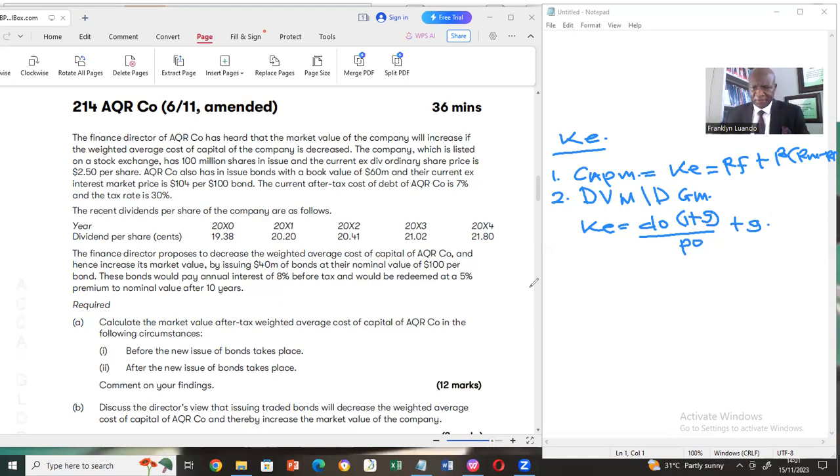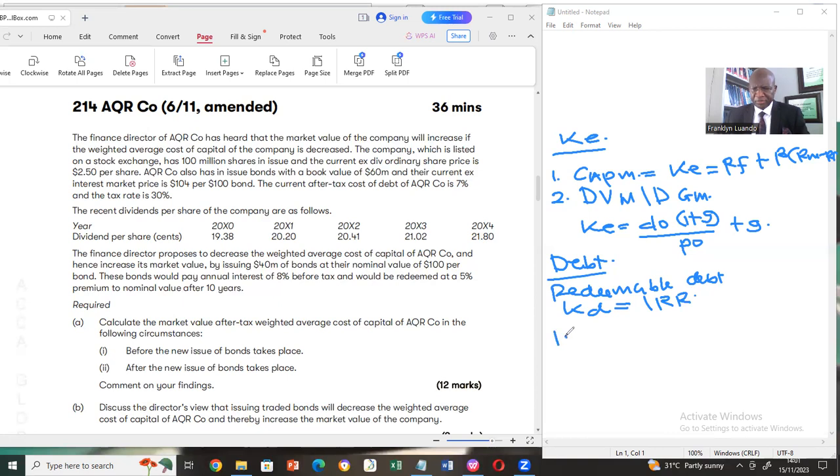For debt, also we have two approaches depending on the nature of the debt. We have redeemable debt. The cost of debt for redeemable debt is the internal rate of return.